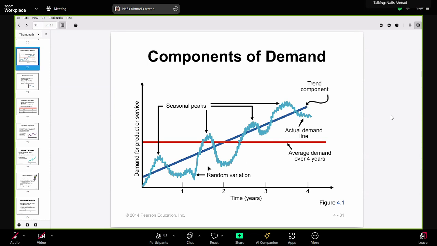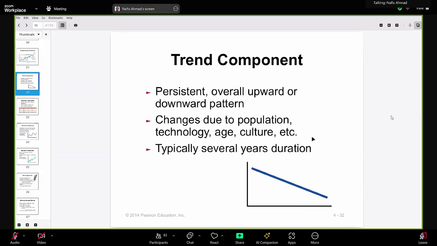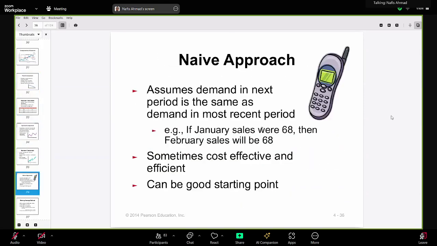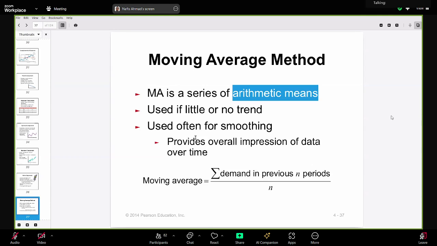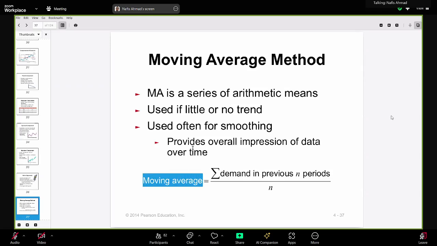So if the line is stable like this, then we can use the naive approach. Now we can use the moving average.